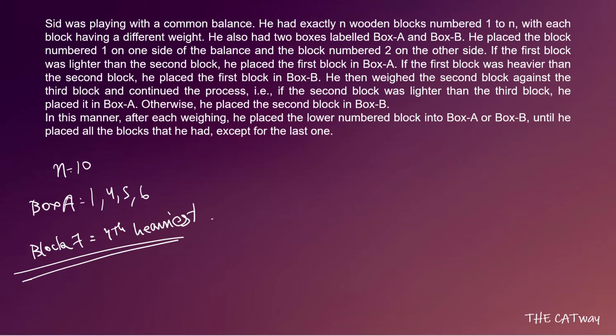Box A. So if 1 is in box A, that means 1 is lighter than 2. If 2 is in box B, that means 2 is heavier than 3. With 3 coming in box B, we can say that 3 is heavier than 4. With 4 coming in box A, we can say that 4 is lighter than 5.